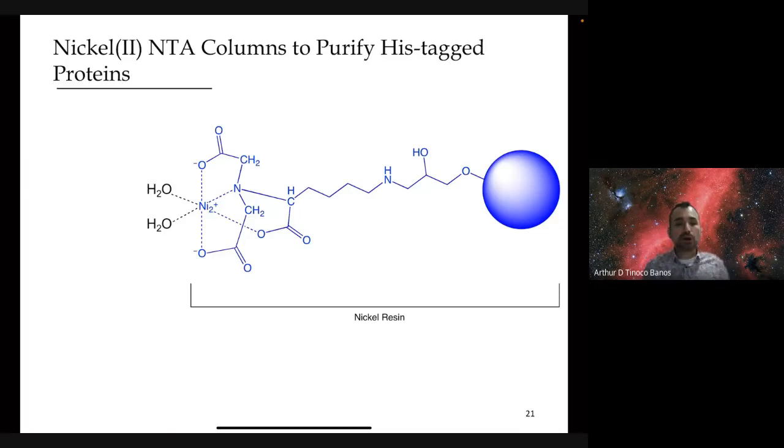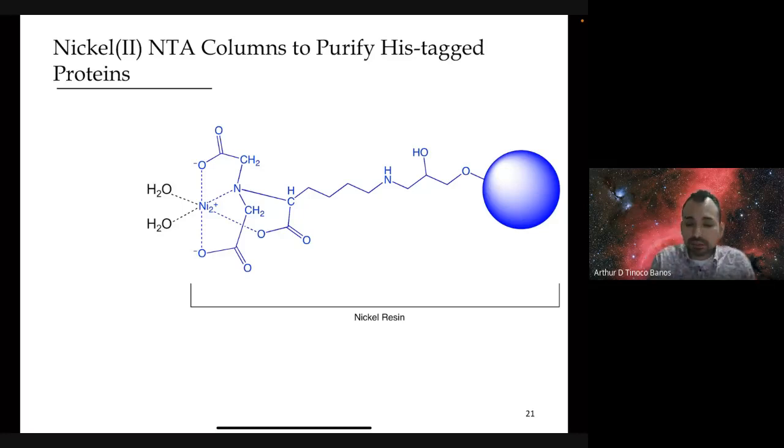So you will often, in a biochemistry lab, take advantage of a nickel NTA column or a nickel chelator column. All right, and why is that? Well, it's because oftentimes, especially when you're working with proteins, you put a tag on the protein, and that tag is often used for detecting the protein, but very importantly, for isolation and purification of the protein.